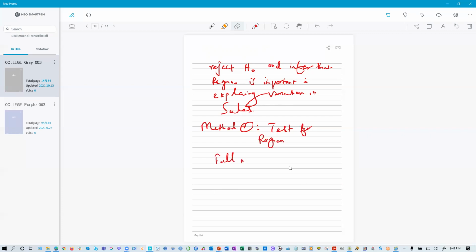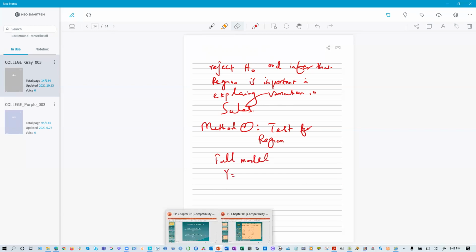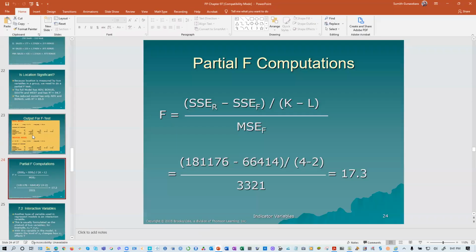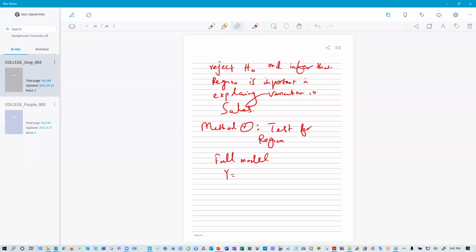The full model, I'm going to write with all the numbers: y equals 435 plus 1.37 advertising plus 0.975 bonus minus 258 south minus 210 west.